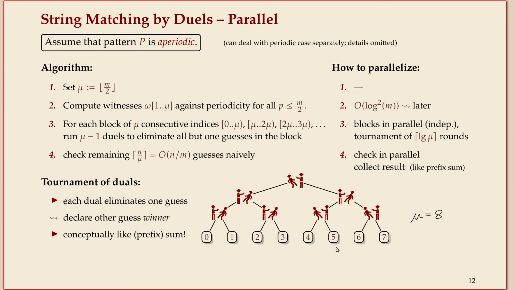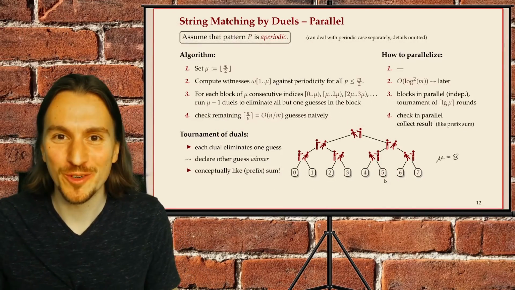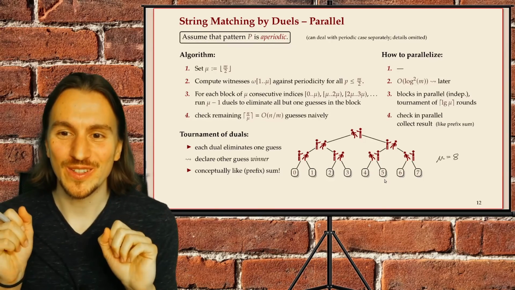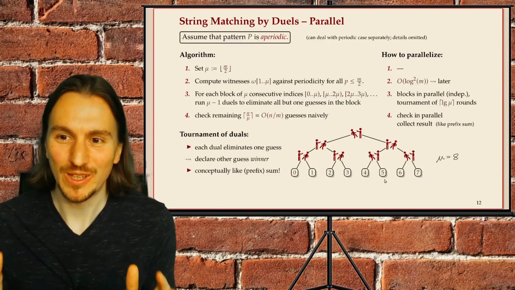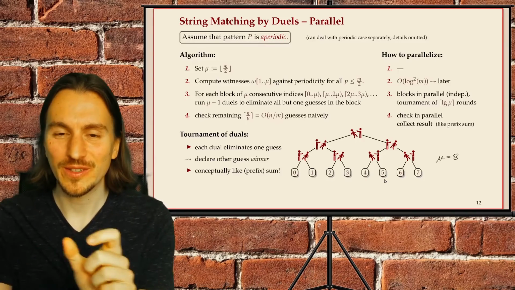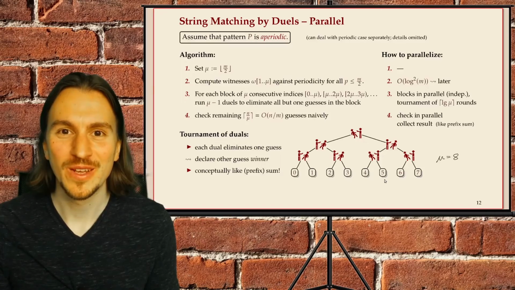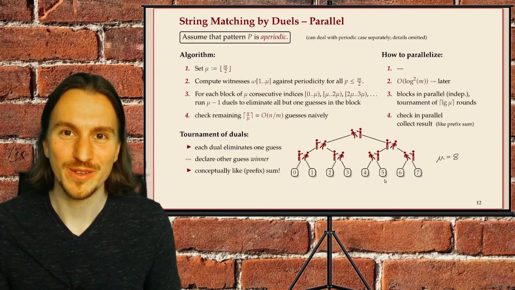They're all independent. There's no data dependency. Remember, this is what I said many times before: strong dependency in the data between one step and another is what kills parallelism, but here we don't have that. The duels that talk about different positions can run independently, and nothing has to wait for the result of the others.